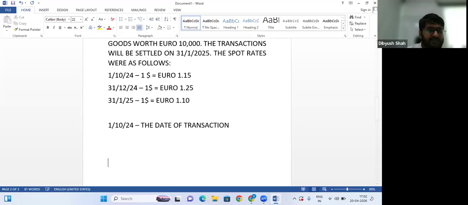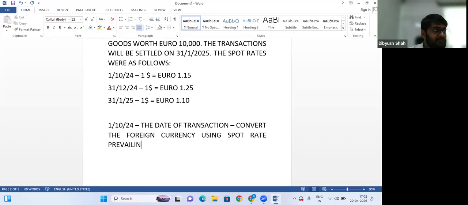The rule says convert the foreign currency using the spot rate that is prevailing on the date of the transaction.